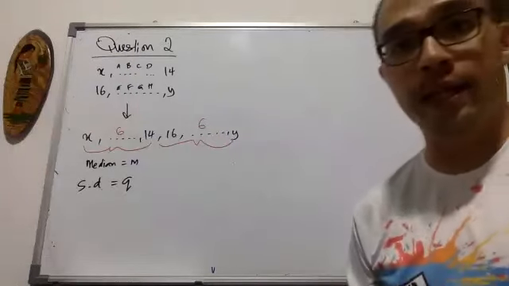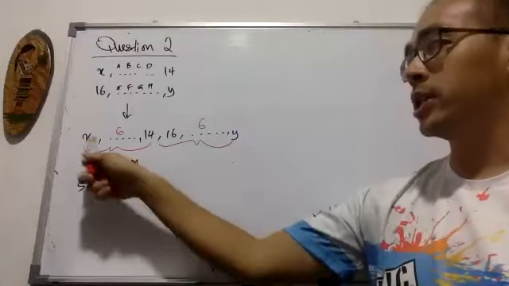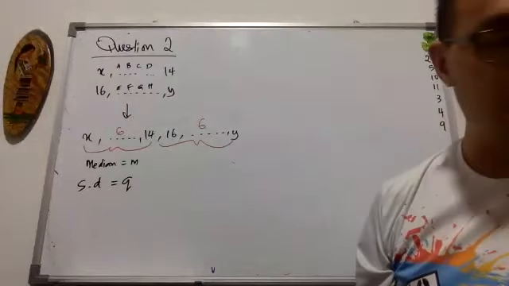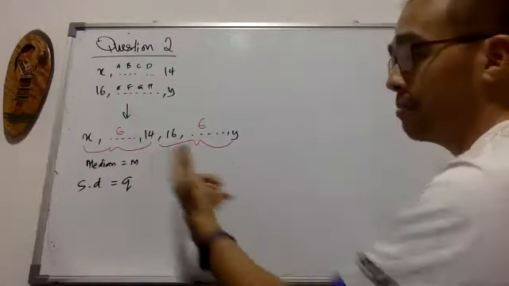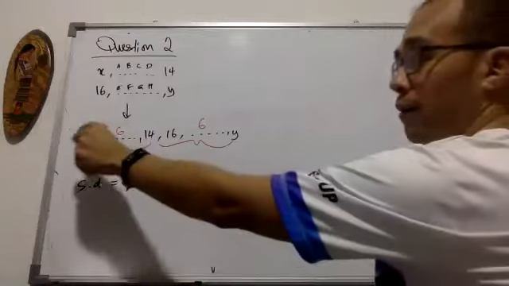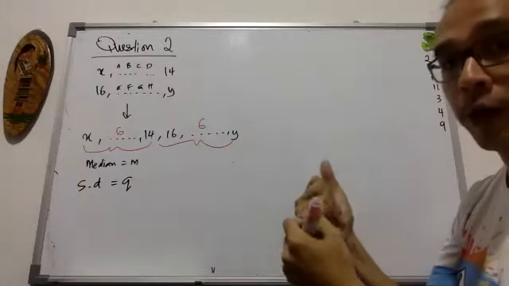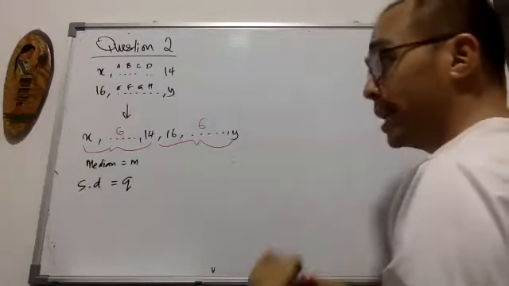Then they're saying that the median of this arrangement is M, and the standard deviation of this arrangement is Q. So the first question is, state the value of M, which basically means tell me what the median is. If you have 12 values altogether, number 1 all the way to number 12, the median is the most middle value.